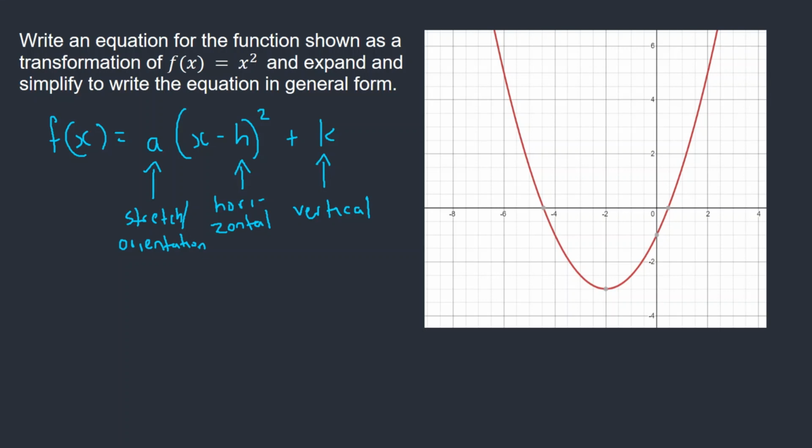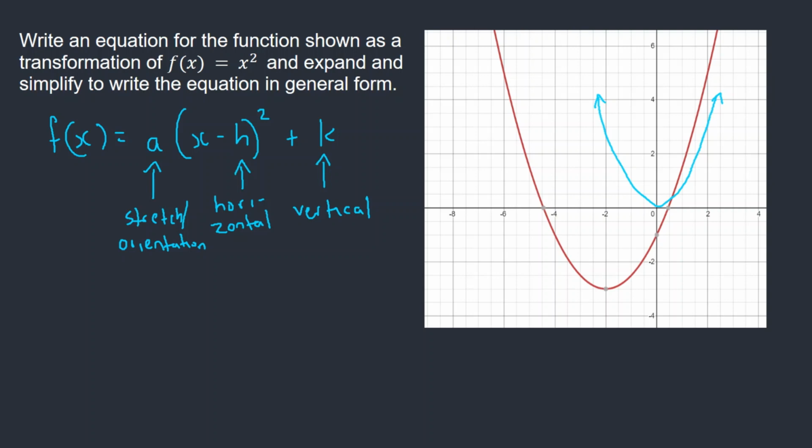So let's look at the graph now and see how many we can solve just visually. We know that an original quadratic equation looks something like this. It touches the origin and then it goes up. And so we know that this function in red has been transformed slightly.